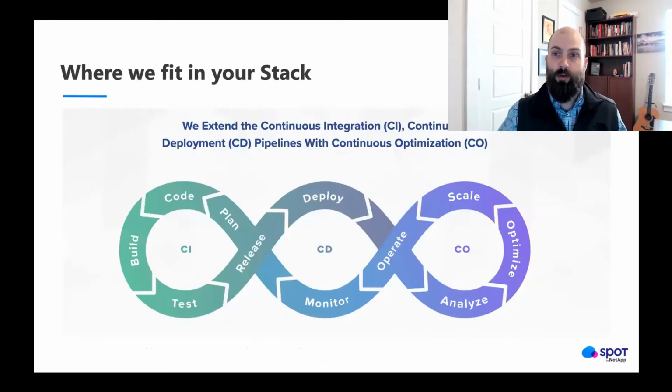The ultimate goal, on top of delivering a really cost-efficient and stable compute environment, is to take your existing continuous integration and continuous deployment pipeline and extend it into continuous optimization, so that once you've pushed your code out, you're not having to go back and right size your workloads. You're not having to make sure, hey, can I run this on a cheaper instance in another way.